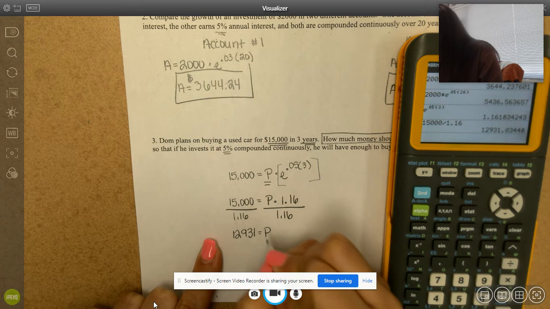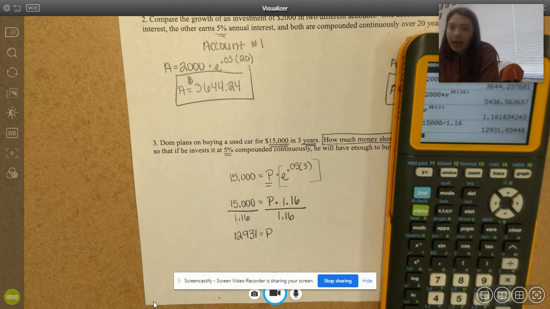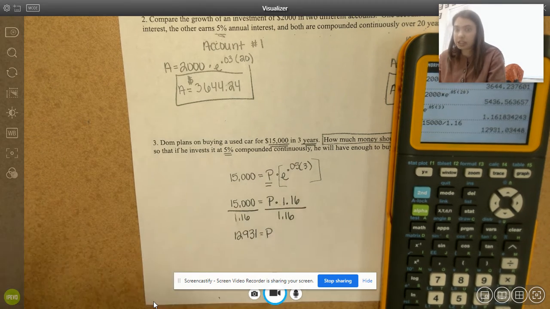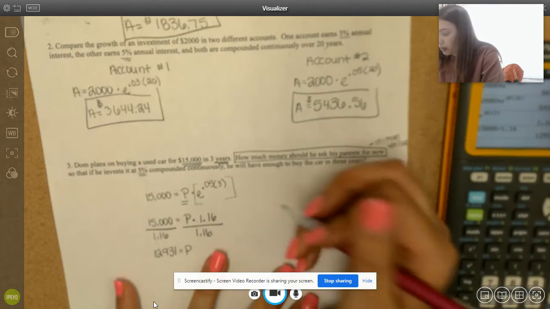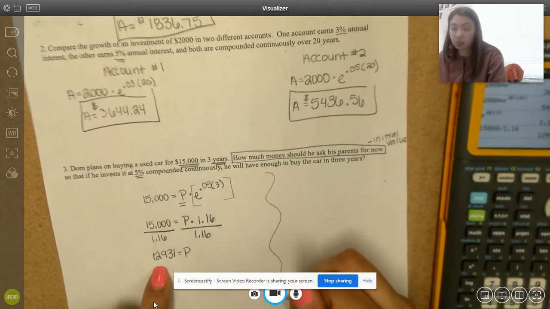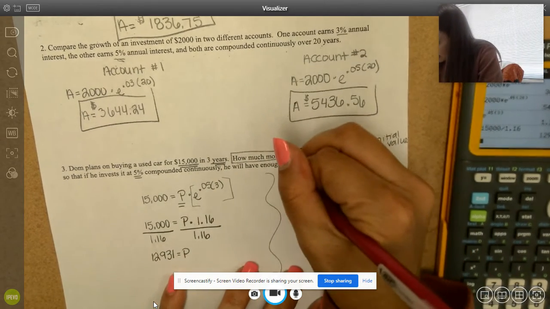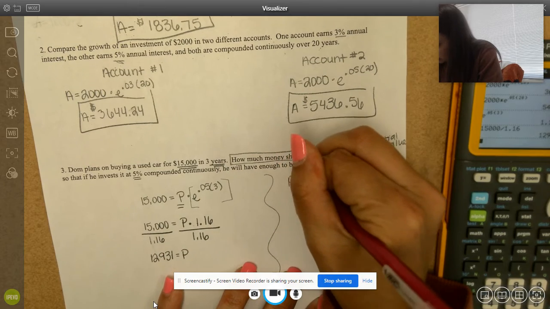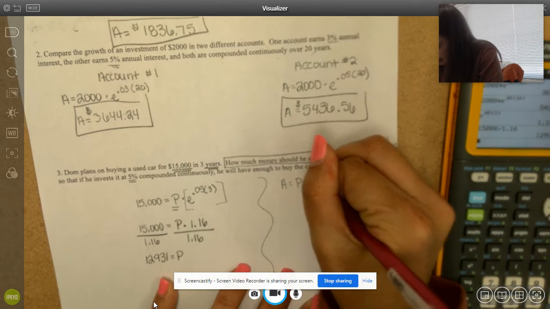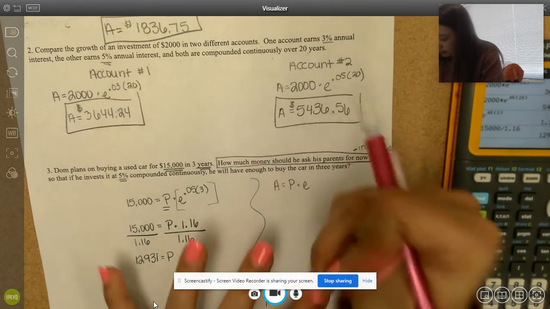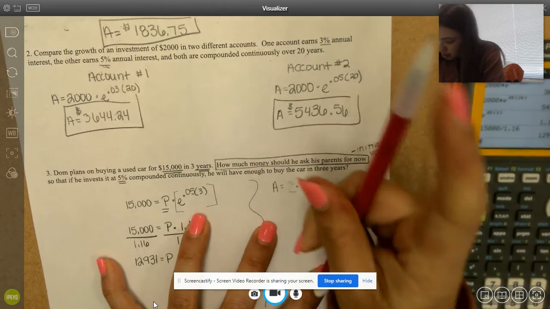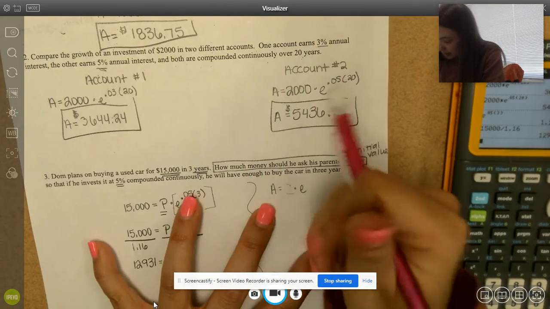is our P value. Now, in order for us to check our work, we can go backwards and just make sure that it's correct. So we can pretend that maybe this was our initial value, and we can say A is equal to P times e raised to, we know P, sorry guys.